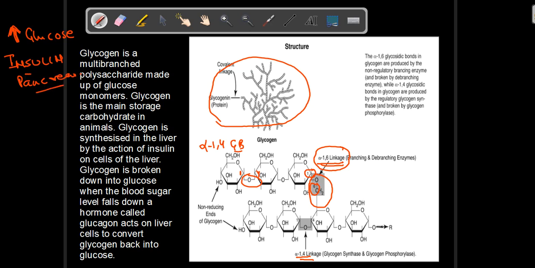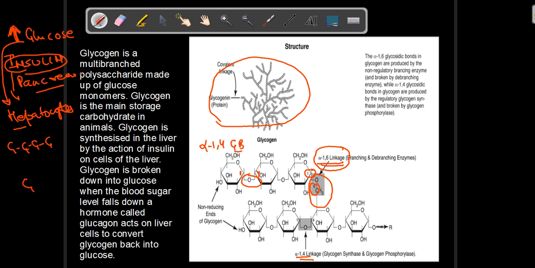Now this hormone called insulin acts on the cells of the liver, on hepatocytes. Now hepatocytes, what do they do then? They take these glucose molecules inside. They start absorbing the glucose molecules, and then they start connecting these glucose molecules together.